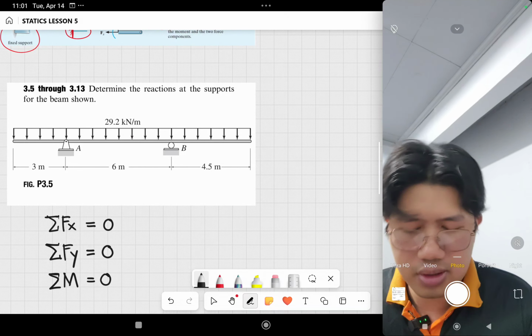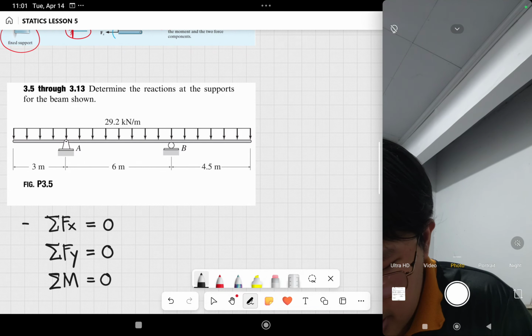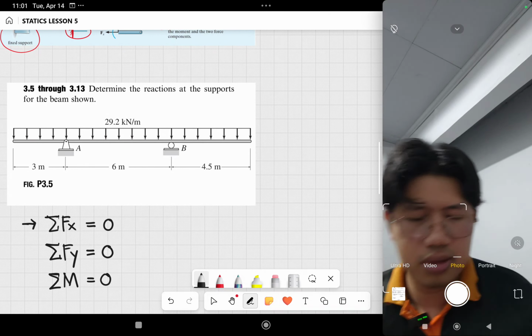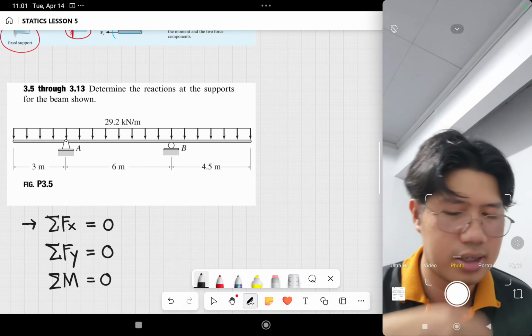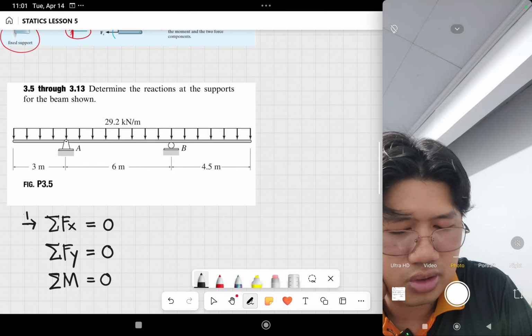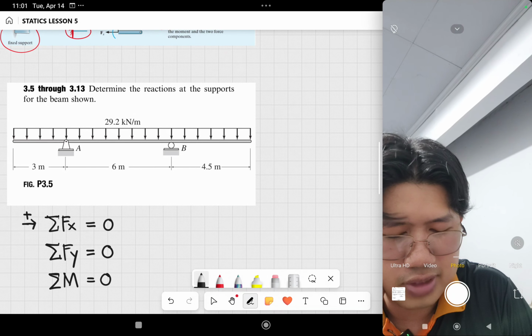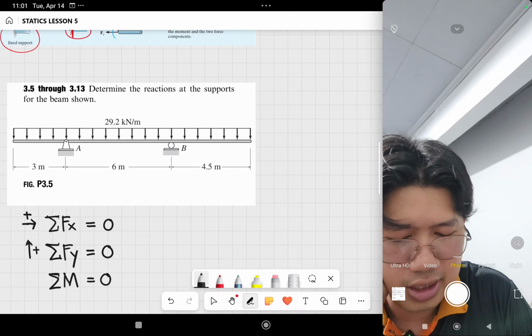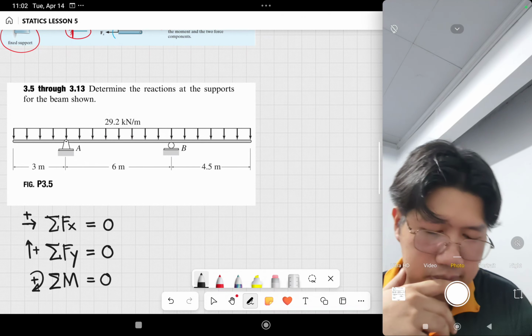So, meron tayong mga signs na ina-assign natin sa direction. Kapag towards the right, that is positive sa x. Kapag upward, that is positive. And kapag clockwise sa moment, that is also positive.